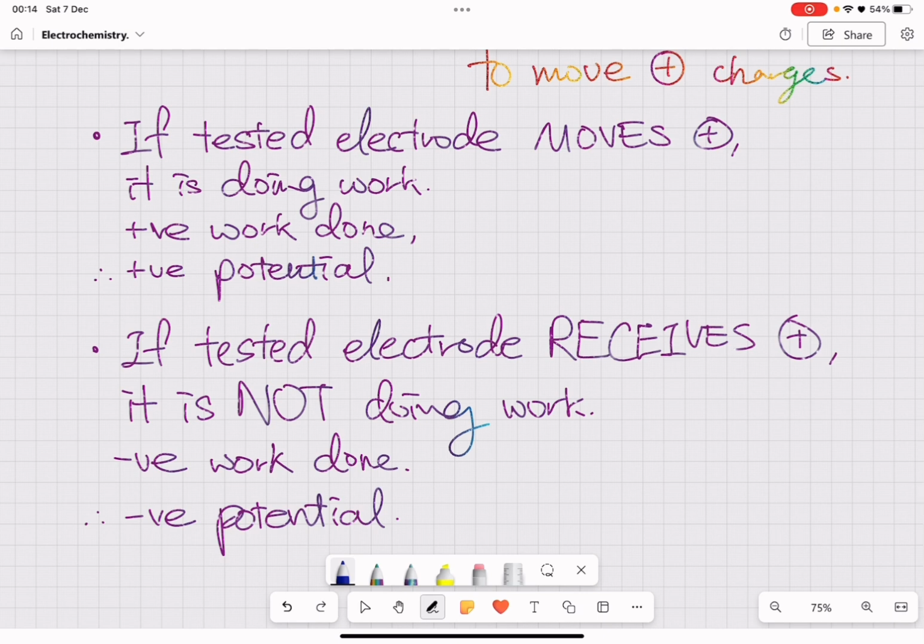Now, if the tested electrode receives the protons, aka the current flows into that tested electrode from the hydrogen electrode, it is not doing work, and instead the hydrogen electrode was doing the work. So the work done for this tested electrode we're trying to measure is negative, and hence the potential is also negative.